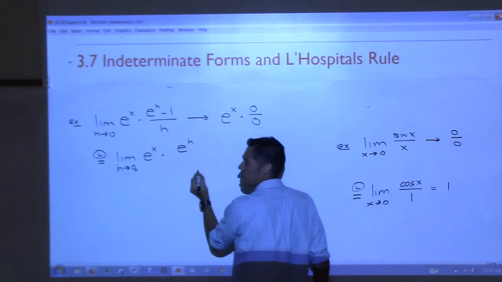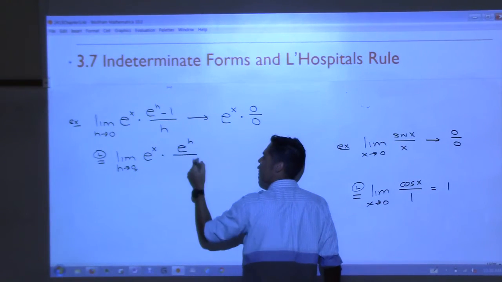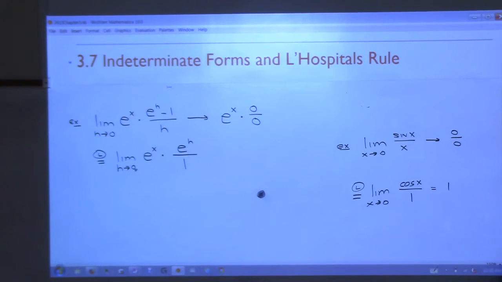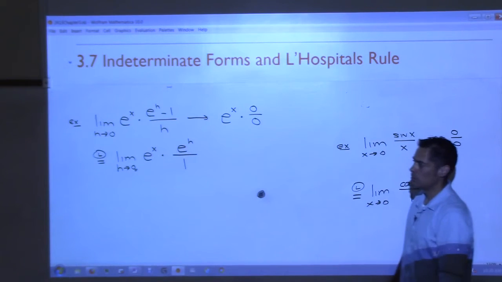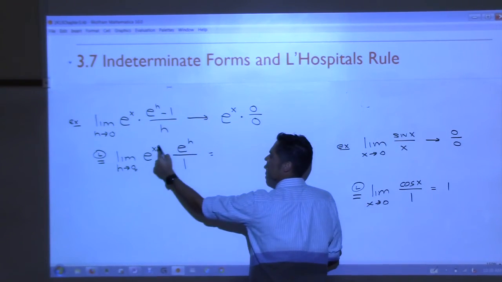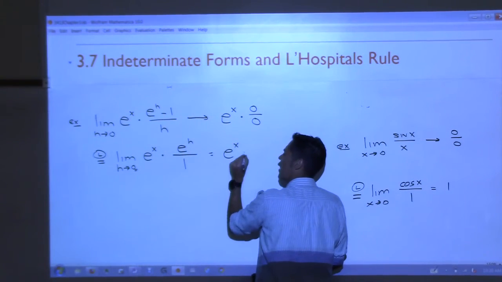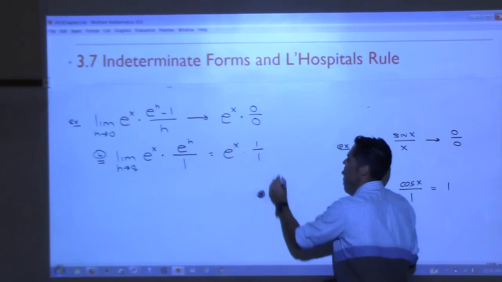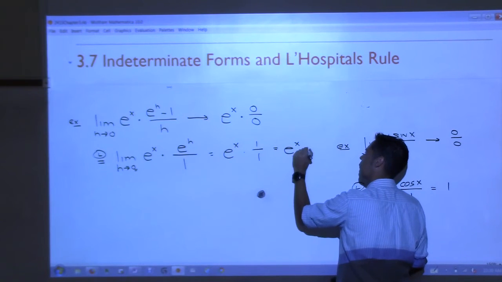So it's just e to the h on top, right? Over what's the derivative of the bottom? 1. Now let h go to 0. You're going to have e to the x here times e to the 0, which is 1. 1 over 1 is 1. So you get e to the x.